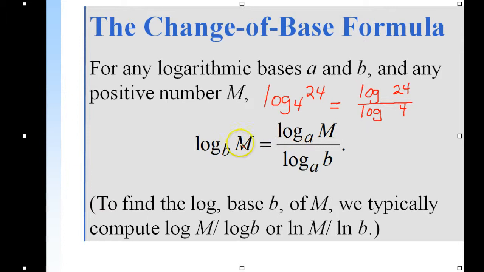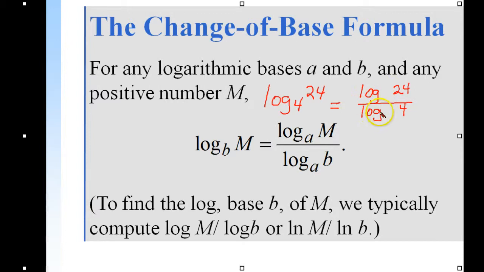So in a sense, all you need is the M value, which is 24, and the B value, whatever the B value is, that goes in your denominator. And then you've gone to log base 10.